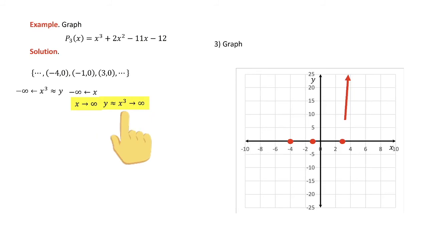The y values are going up, and everything's blowing up that way. That's my moonshot. And as x goes to negative infinity, the y's get large in a negative sense. So x is going way out that way, and the y's are going way down there.